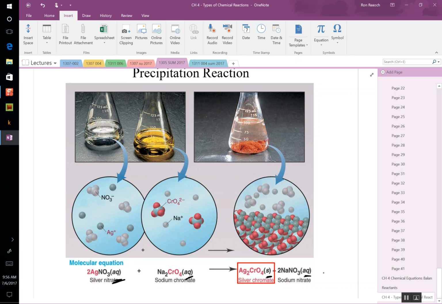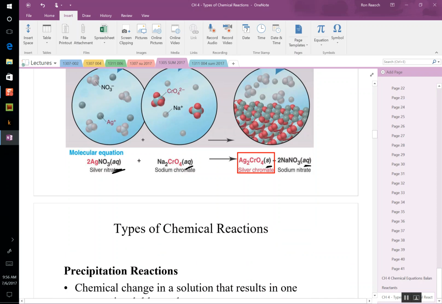When you see two solutions that are soluble in water mixed together and you see the formation of a solid, precipitate, then that's a precipitation reaction. That's your best clue. All right, so there's a good example of that.